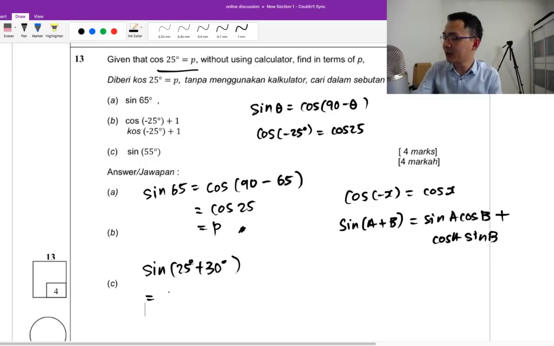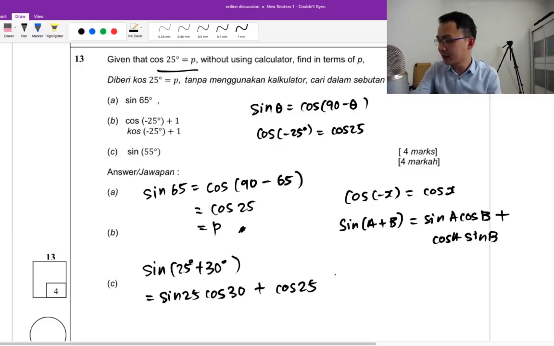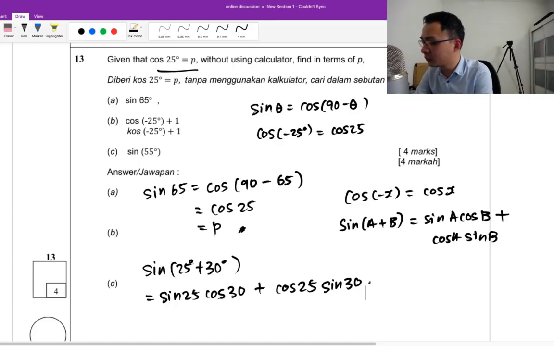So what happens is I will have sine 25 and then cos 30 plus cos 25 and sine 30. Okay, so what I need to do here is have a plus.